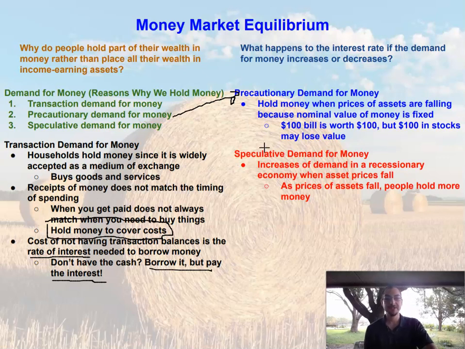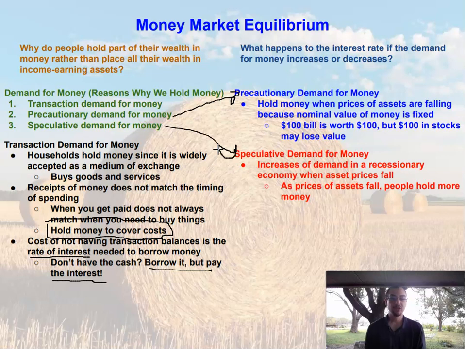And then the last reason is this speculative demand for money. The speculative demand for money states that we actually have an increase in demand for money in a recessionary economy whenever asset prices fall. As asset prices fall, people tend to hold on to more money.